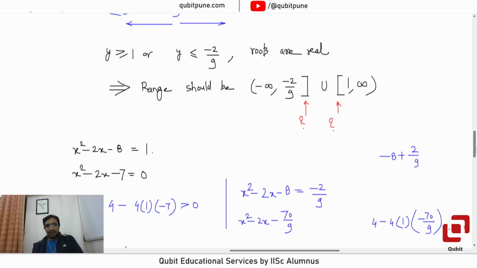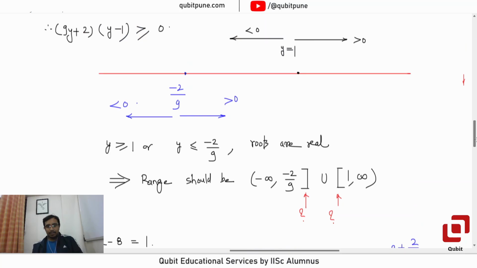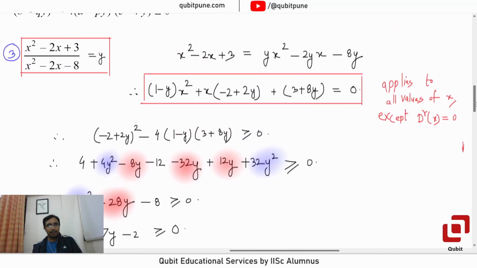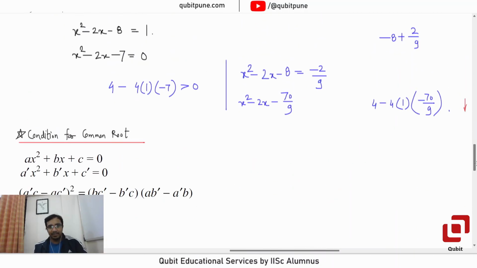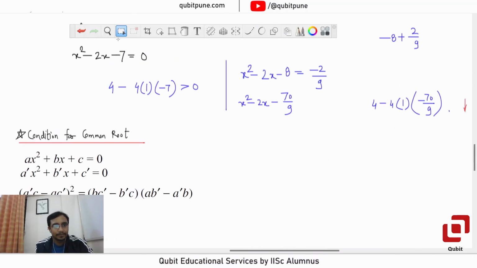Okay, let's see the graph of this function and try to figure out what happens. What we will do is we'll try to find the roots of the denominator, x squared minus 2x minus 8.